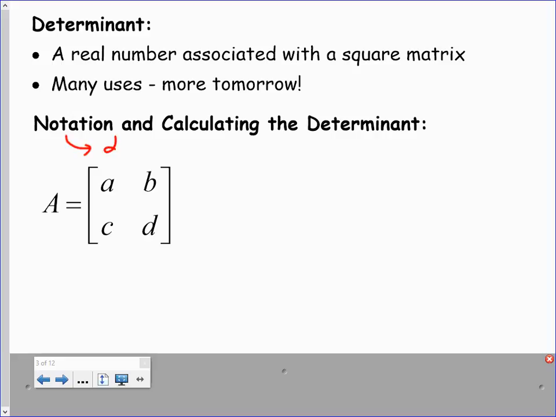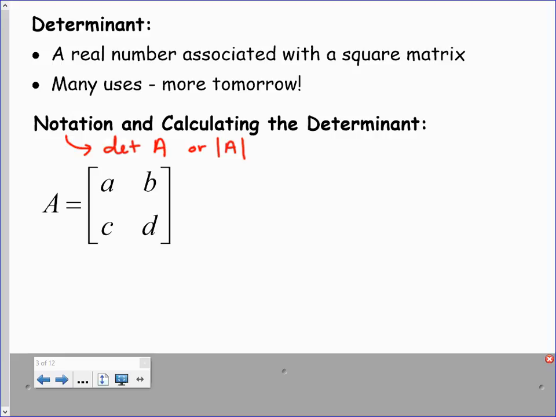One of them is just DET A, kind of like an abbreviation. And the other one looks very much like absolute value. We're not actually finding the absolute value of the matrix. We are calling that the determinant. So we're using that same notation to mean something else in the matrix unit.